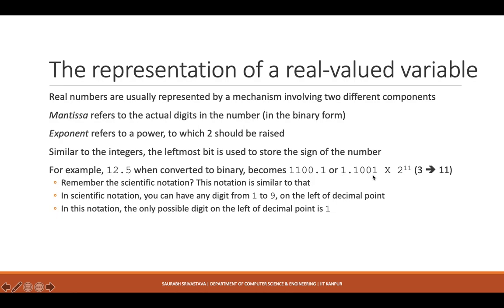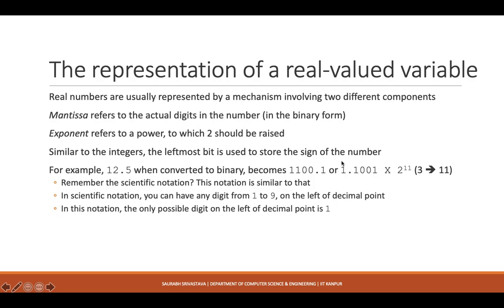But now the difference in the binary system is that this digit can only be 1, right? Because I only have two digits, 0 and 1. If it was 0, then it means that I can probably shift it one more on this side. So I'll keep on shifting it till I get the first one, so that I can bring it into something similar to scientific notation.